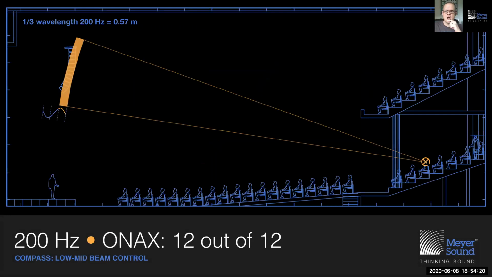This is the position underneath the balcony. We're observing our array, and the width of this orange arc is 1/3 wavelength, which if you are 200 hertz, is about 57, okay, about 60 centimeters. So the width of 1/3 wavelength is what is shown over here.